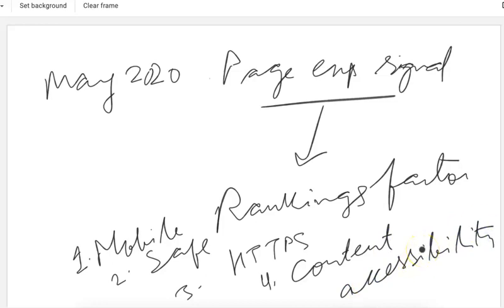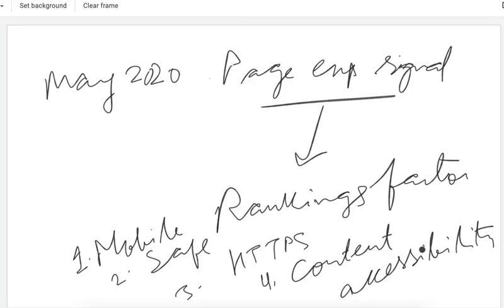And then after that, in November 2020, Google defined these three core web vitals. This is nothing new to elaborate on. It's all been around. It's just that Google has more clearly defined it so that the larger community can work on it.